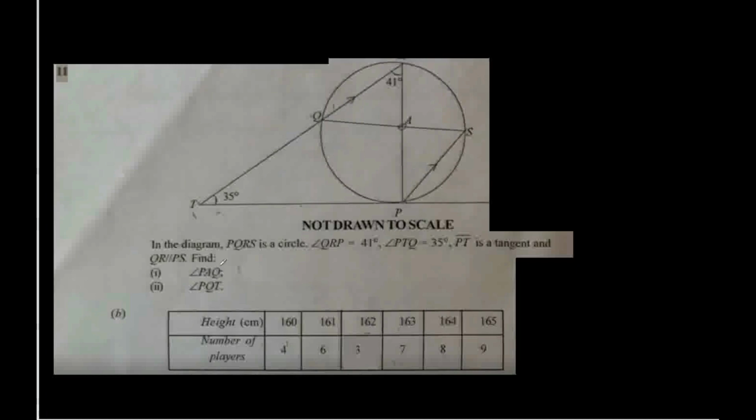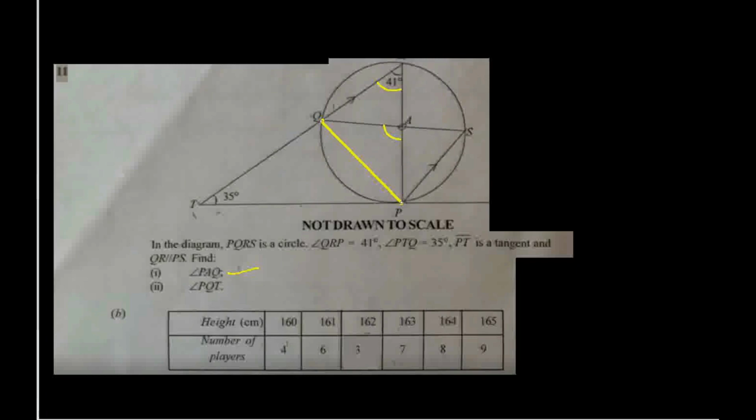So we have been given angles, and we have to find PAQ first. What we already know is that 41 degrees is formed by the chord PQ. If we join PQ, the same chord is making up these 2 angles.